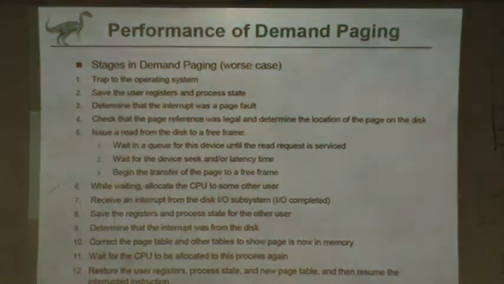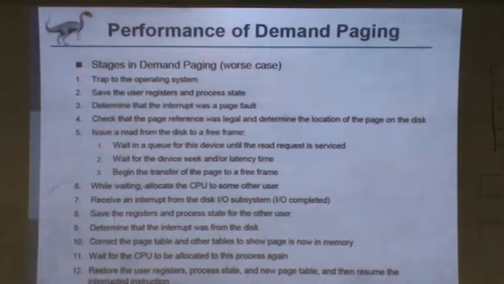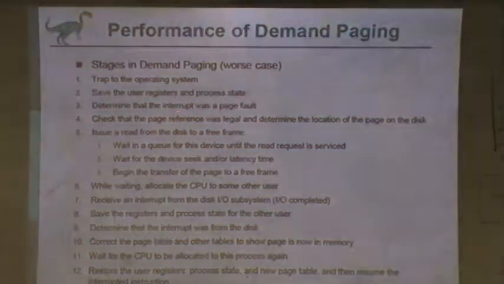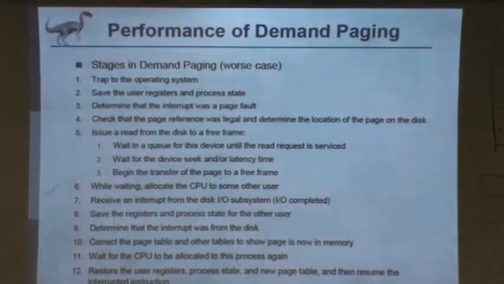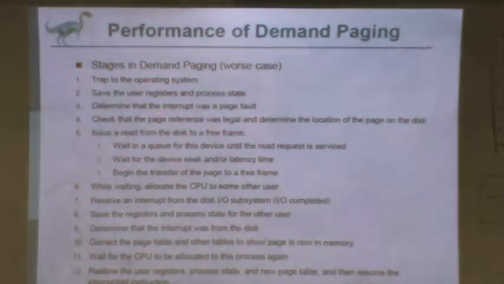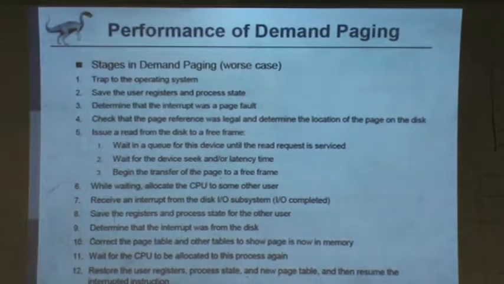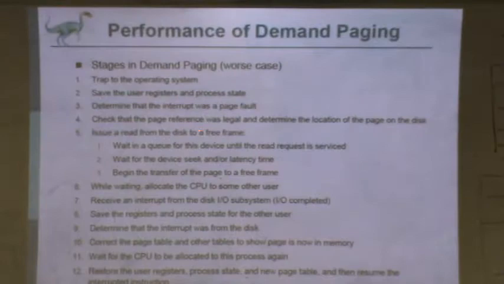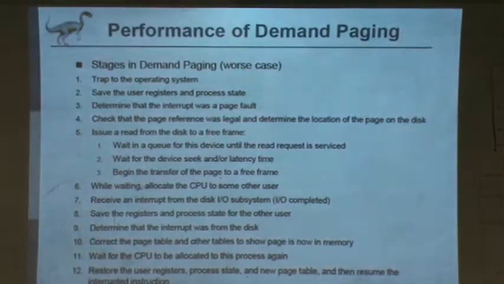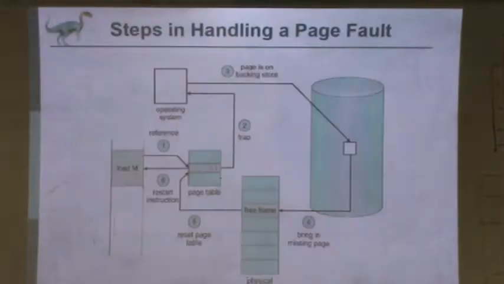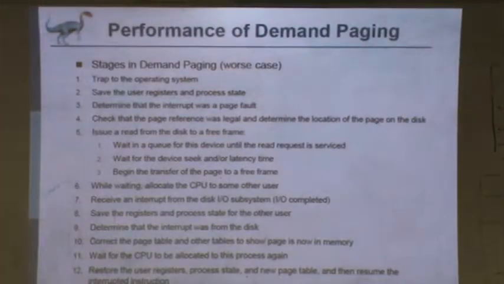Okay, so you can understand. You go through it step by step. For example, first the trap, then the context switch to save all the register information of the current process, and then page fault. If you cannot find the page, the page is invalid, it's a page fault trap.